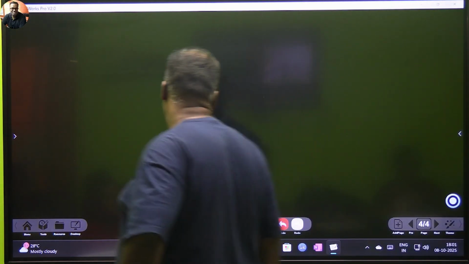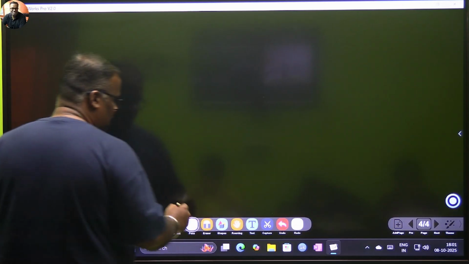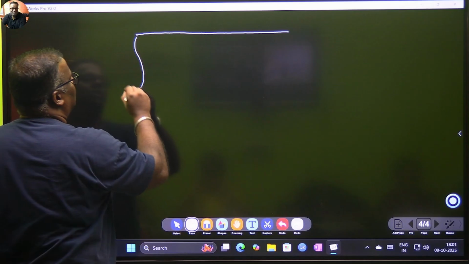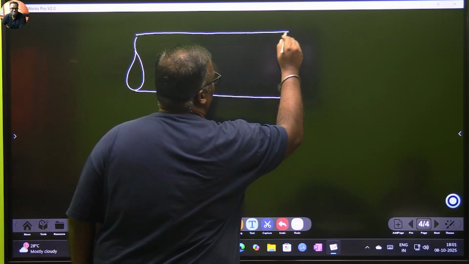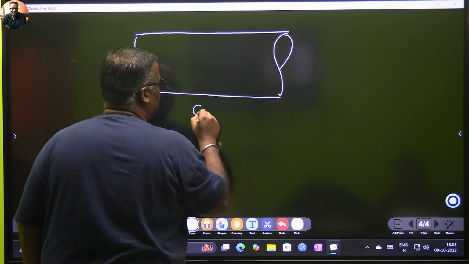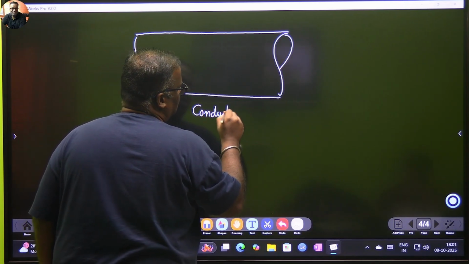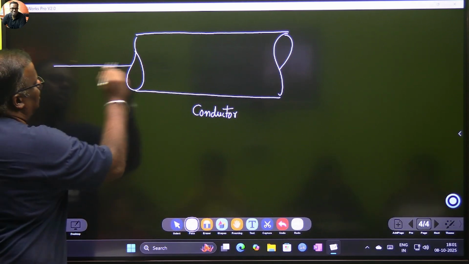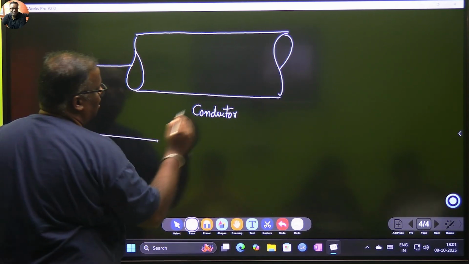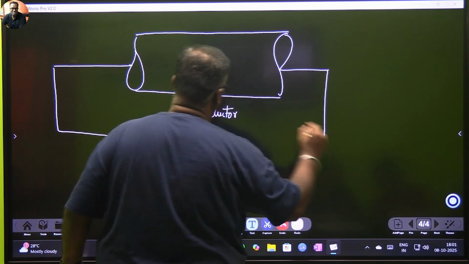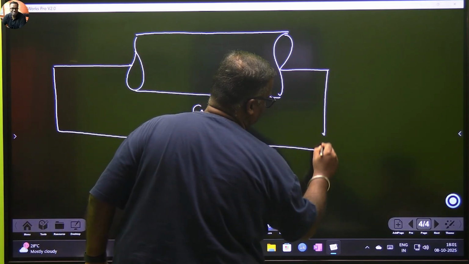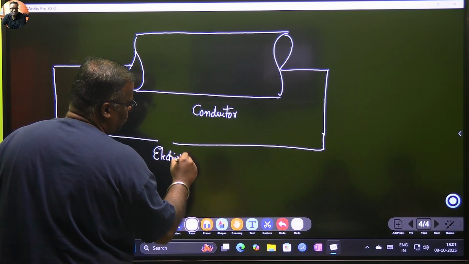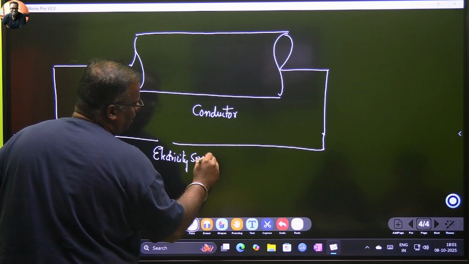What are free electrons? So let's say we have a piece of a conductor. This is a solid conductor. And this conductor is connected to some electricity source, which can be either a cell or a battery.